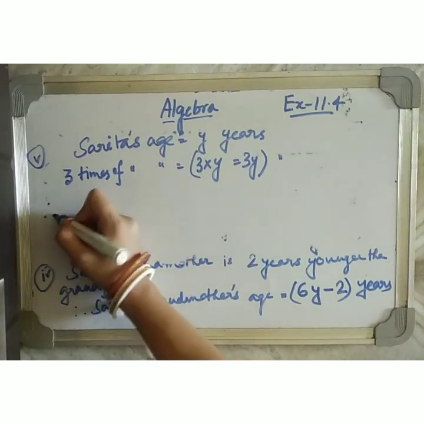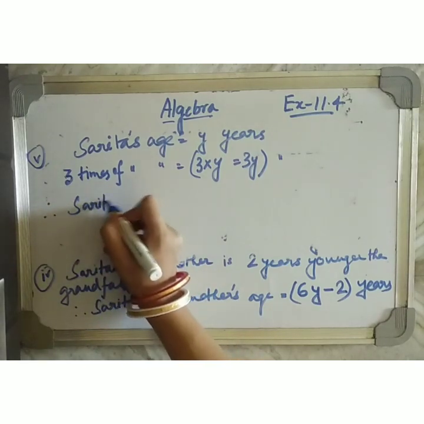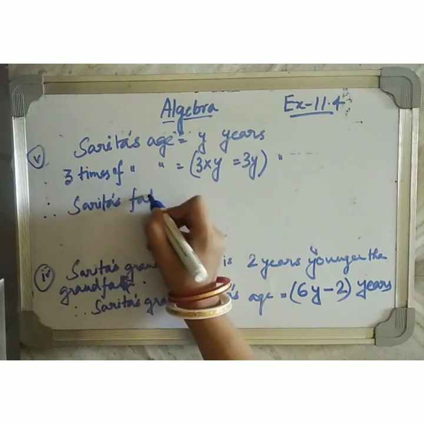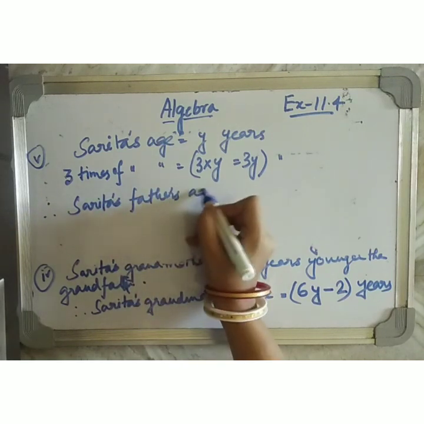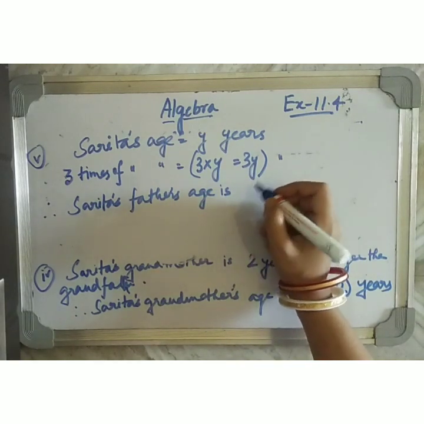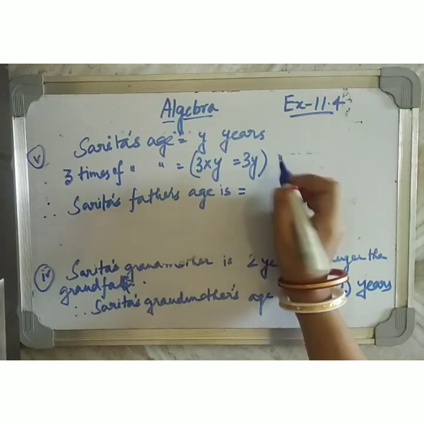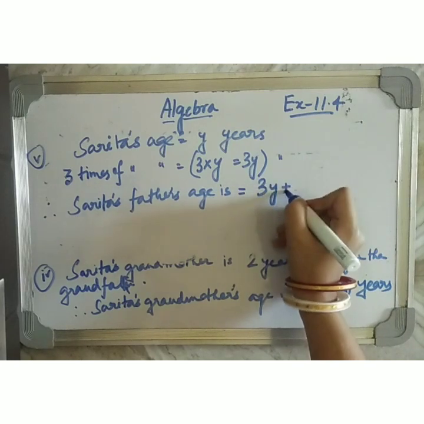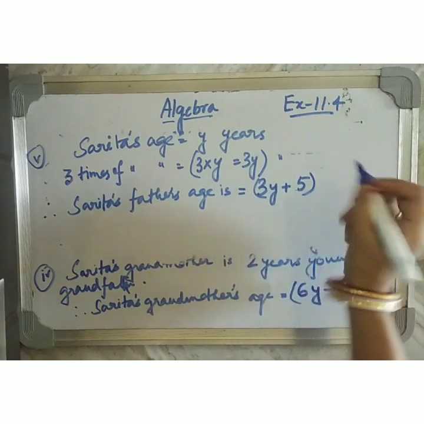Therefore, we will write Sarita's father's age is 3 times of it, and 5 years more than this. So 3y plus 5 years.